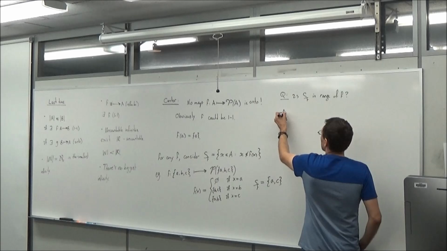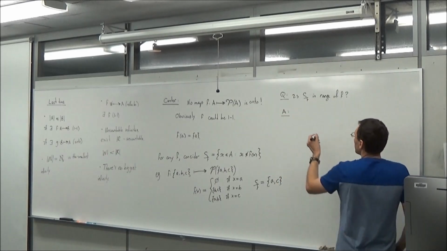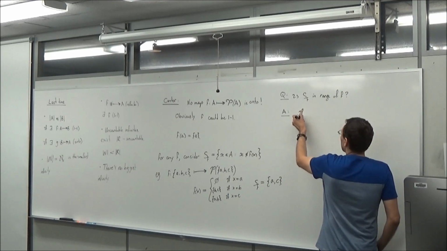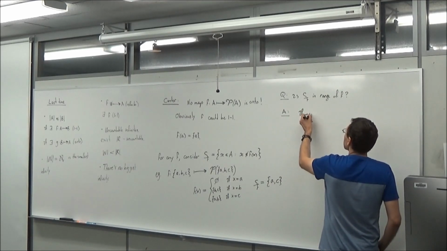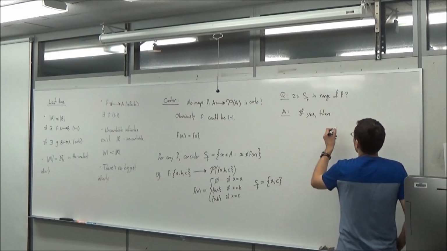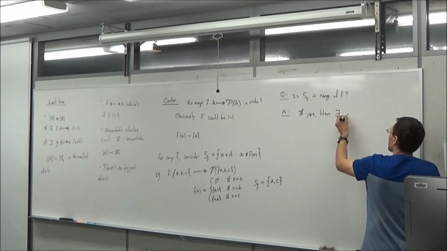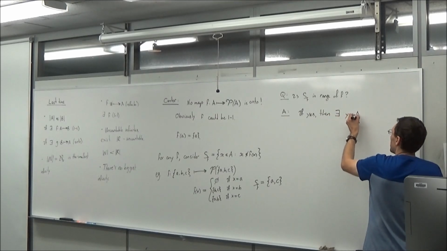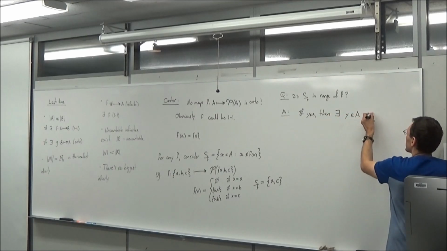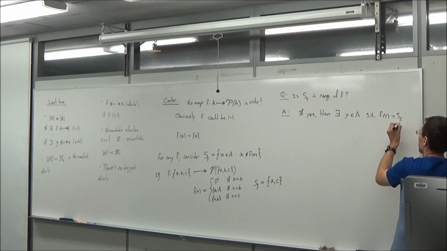And the answer is, let's give the argument and then we will verify. If yes, then there must be an element. So there exists some y belonging to A such that f of y is the set S sub f.